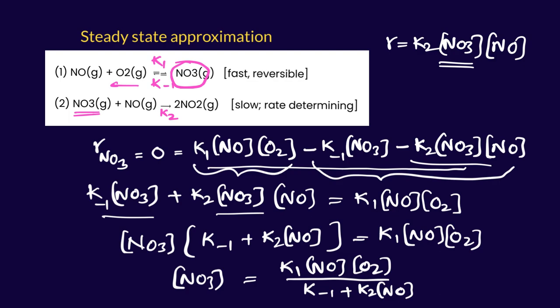Now we have separated the intermediate using the steady state approximation. Now we can place it into the rate equation. According to the equation, rate is equal to K2 NO3 concentration NO concentration.